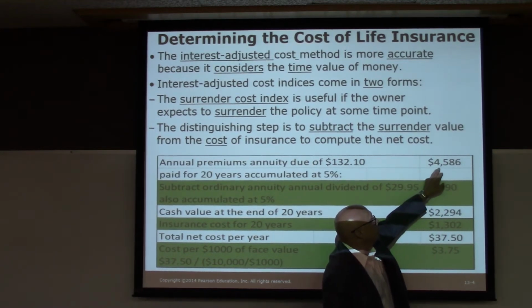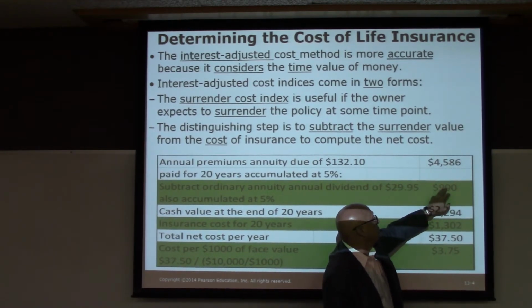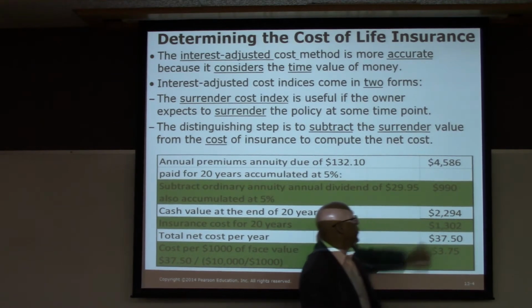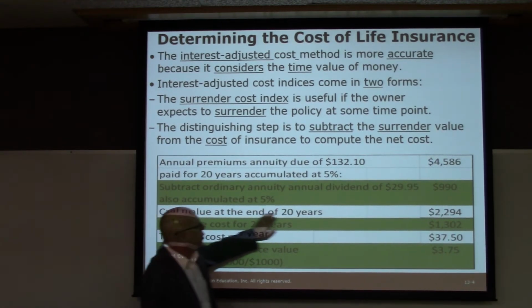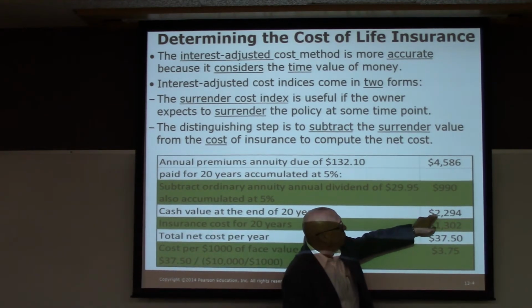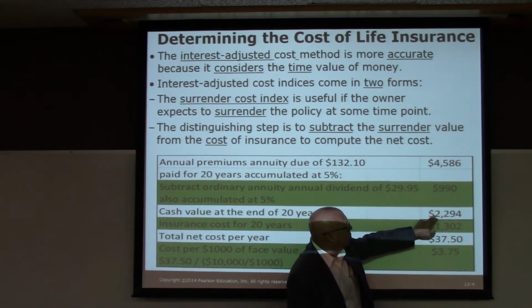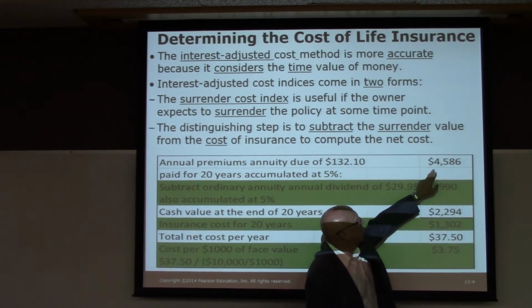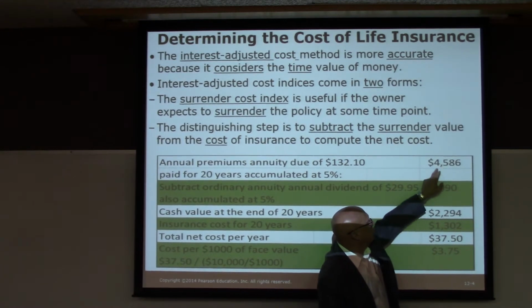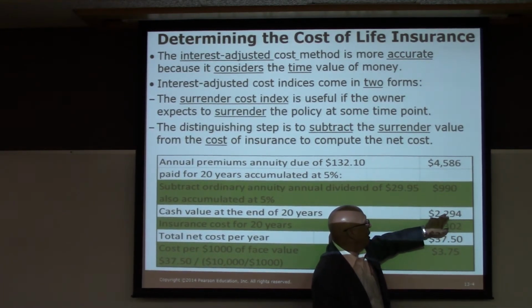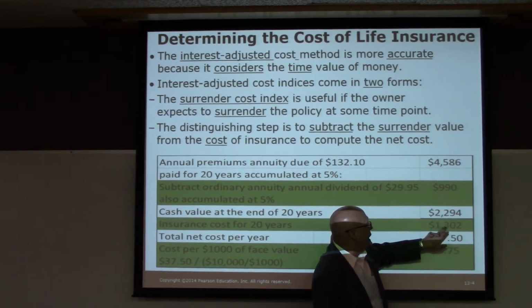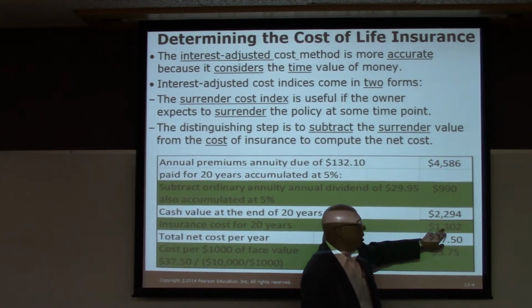So you take the total paid in less than $990, and then you subtract out your surrender value. Okay, so you take your total value paid in that's accumulated at 5%, your dividends that accumulate at 5%, and your surrender value, and this is your actual cost.